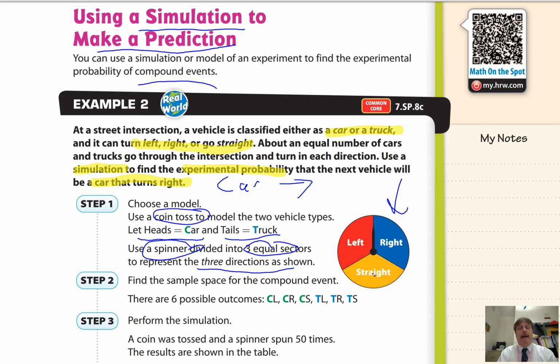So now we're doing a compound event. We're going to flip the coin as one, and spin the spinner as another. So they have listed all our possible outcomes: a car going left, a car going right, a car going straight, and then the same for the trucks.